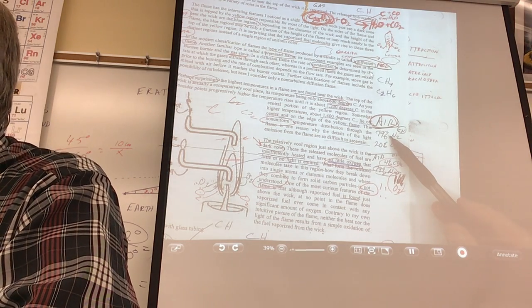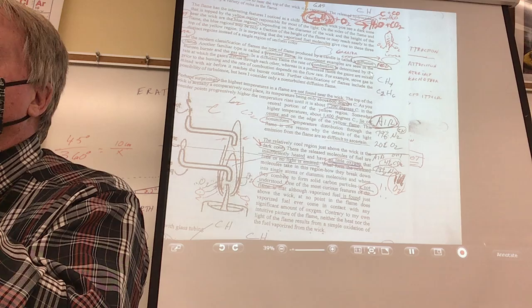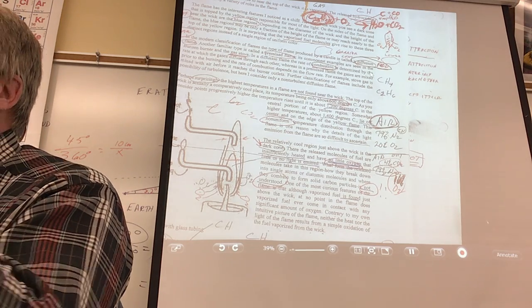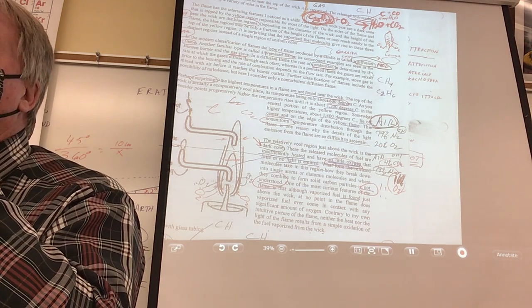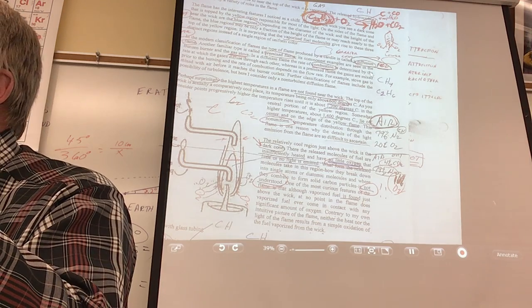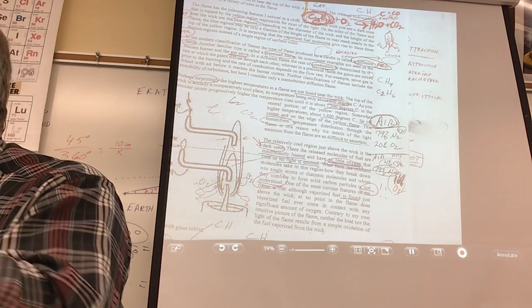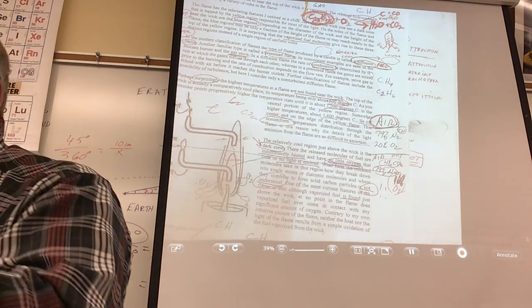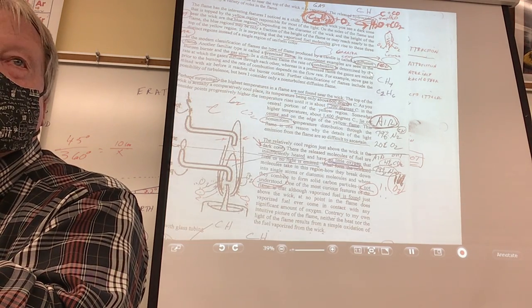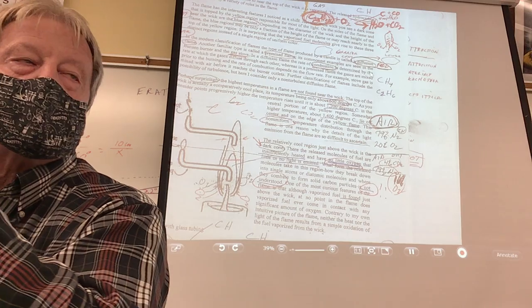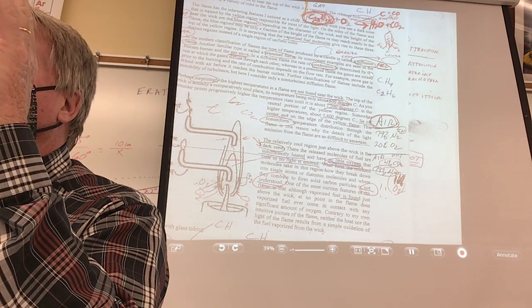Almost 80% of the breath is nitrogen. That's in your air. And about 20% is oxygen. That's what you want. So when you hear about scuba divers, and by the way, guess what's in scuba tanks? What's in a scuba tank? It starts with an A.